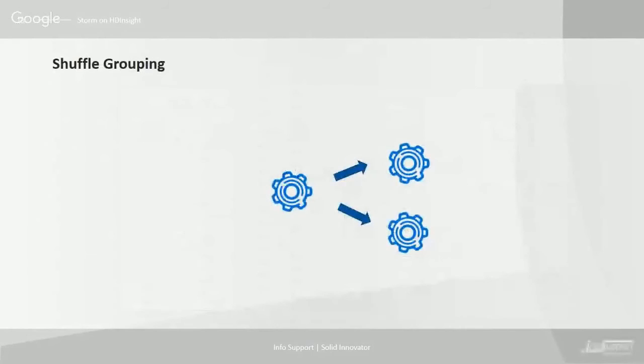But let's look more into the shuffle grouping, which I used to connect my bolt to my spout. The shuffle grouping can be used between spouts, between bolts, and all of the components in Storm. The shuffle grouping means that the tuple is sent to every instance of a bolt separately.